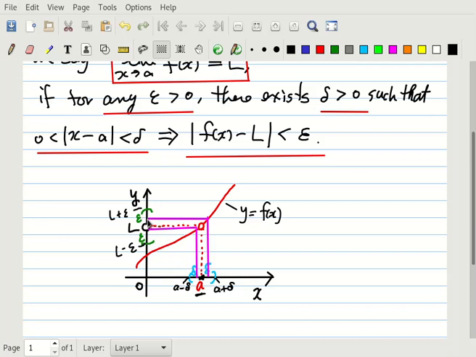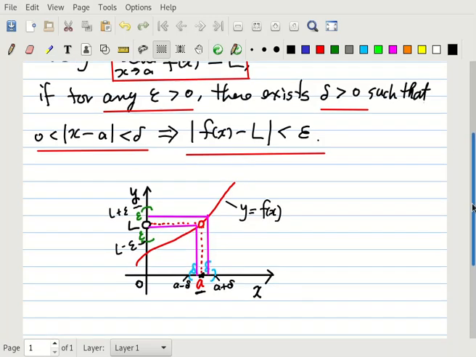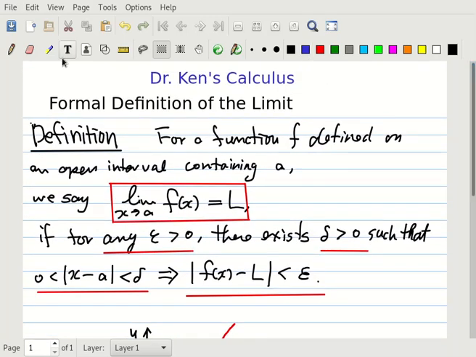So although epsilon is very small, we can always find such delta. Inside the delta interval, the points all go into the small epsilon interval. That's what the formal definition says. Okay, this is the formal definition of the limit.